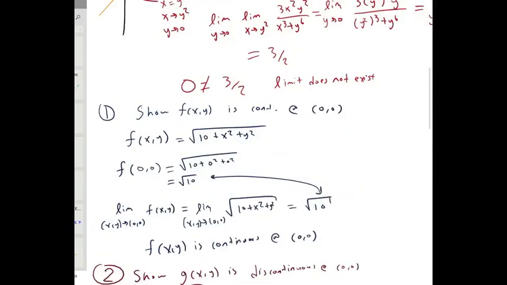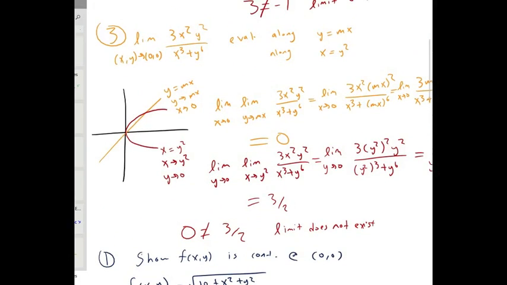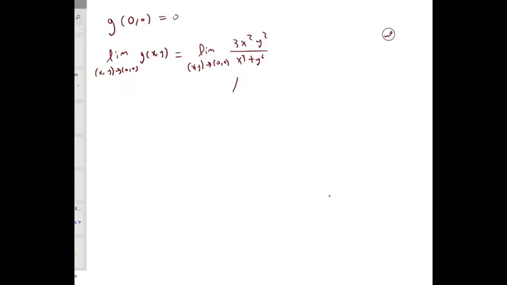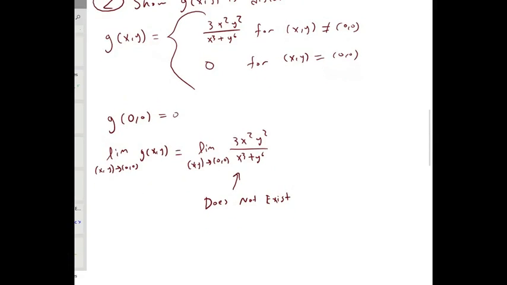But this is the same limit we did in our limit example right here, and we showed that this does not exist, so that violates our continuity condition. So g of xy is discontinuous at 0, 0.